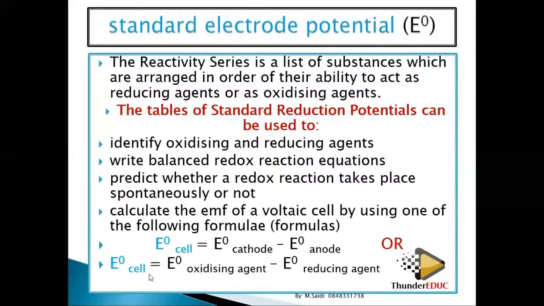Or you can use this equation: the electrode potential of the cell is equal to the electrode potential of the oxidizing agent minus the electrode potential of the reducing agent. But the problem is, how do we get these figures to write the electrode potential of that cell?